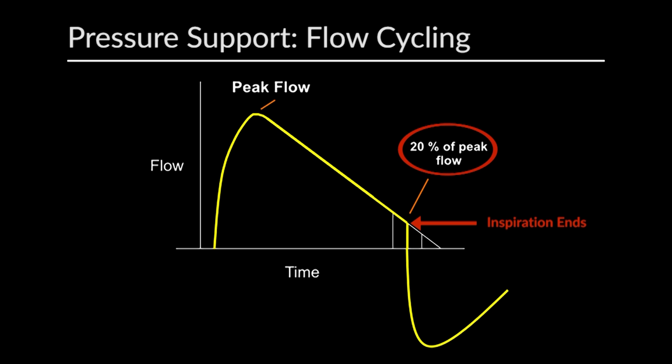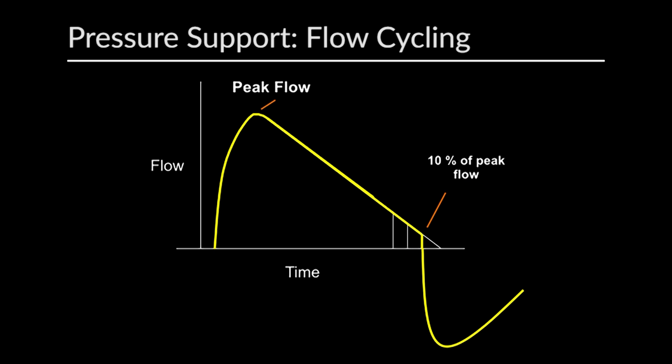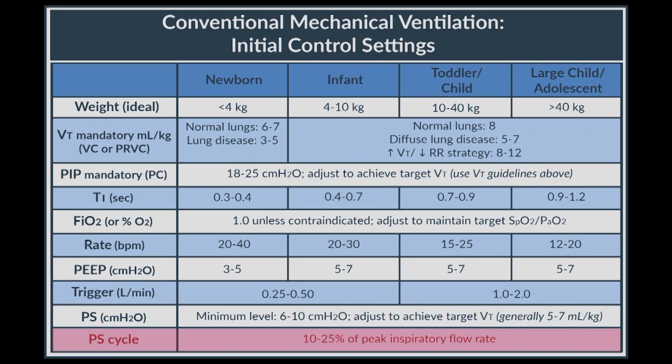As an example, if the inspiratory flow criteria is set to 10% and the peak flow rate is 10 liters per minute, inspiration will end when inspiratory flow drops to 10% of peak flow, or 1 liter per minute. 10 to 25% of peak flow is a reasonable initial setting for the flow cycling criteria, and that usually corresponds to the default settings on a lot of the ventilators that are available these days.